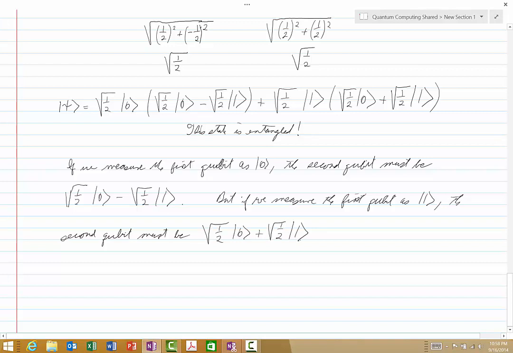So in other words, the measurement of the first qubit affects the measurement of the second qubit.